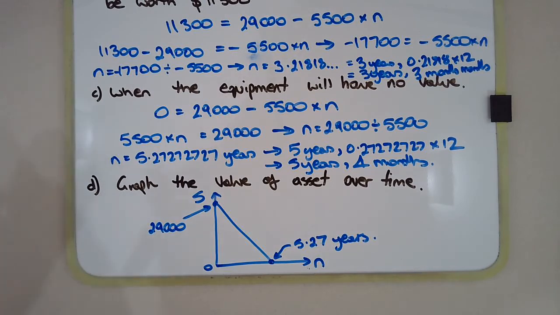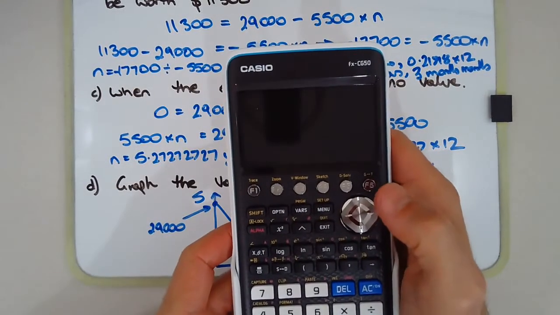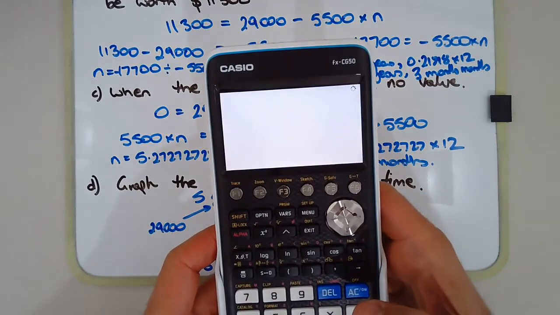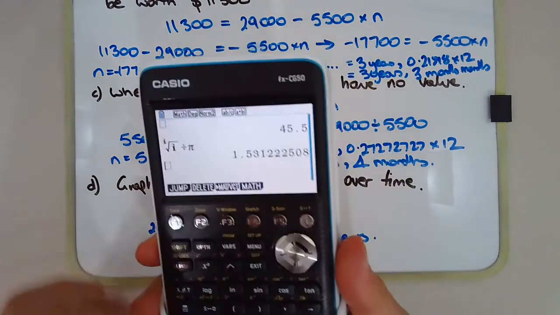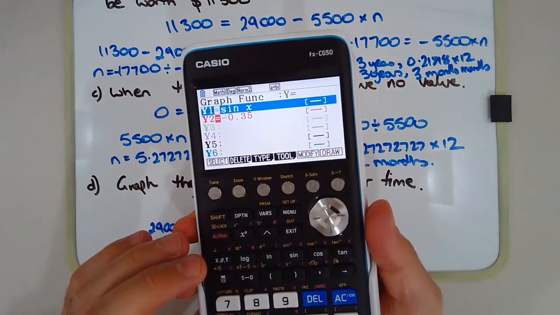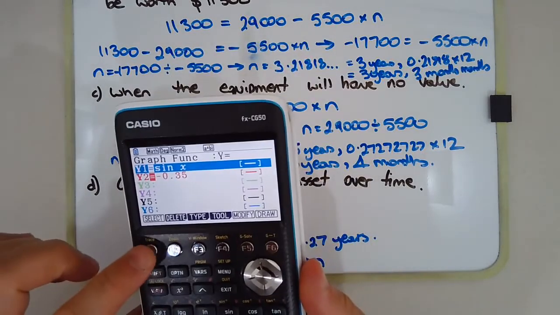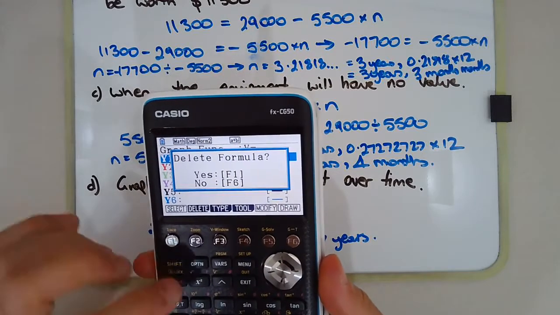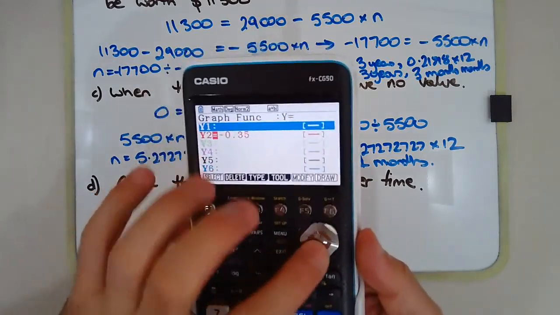I might use some technology to graph this as well, just so you can see it a little bit neater. So I'm going to use my graphing calculator here. Let me just turn that on and get it into graph mode. So that's option 5. I'm just going to clear that and delete that as well.